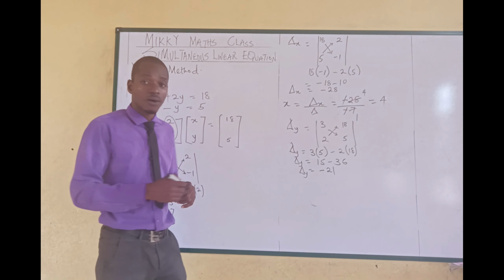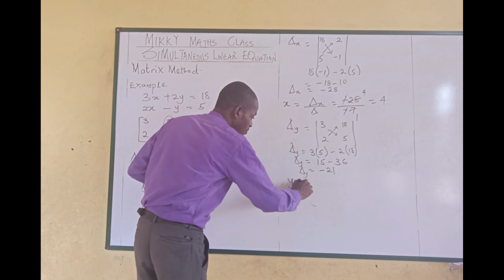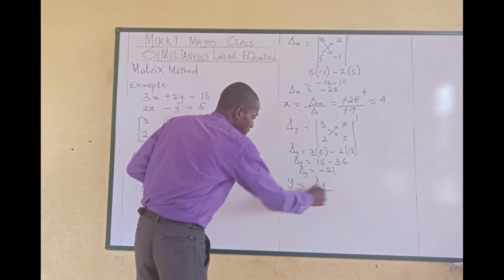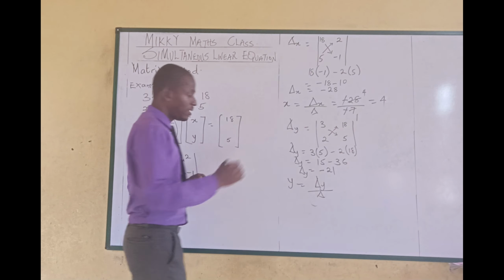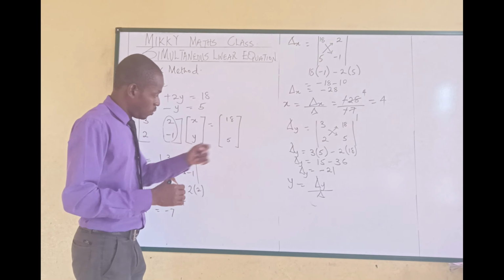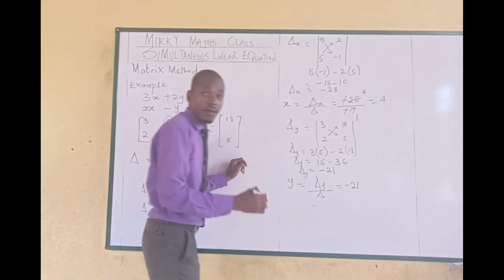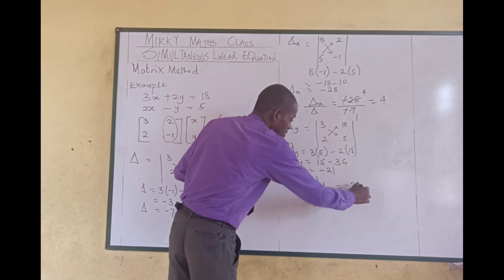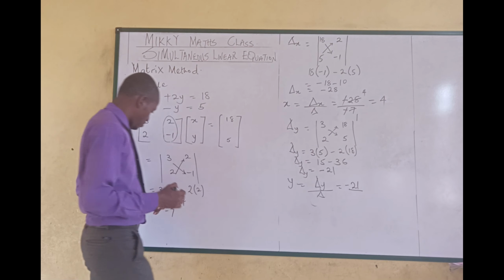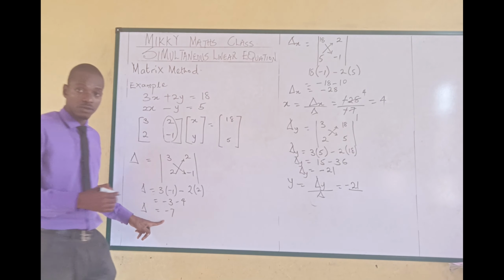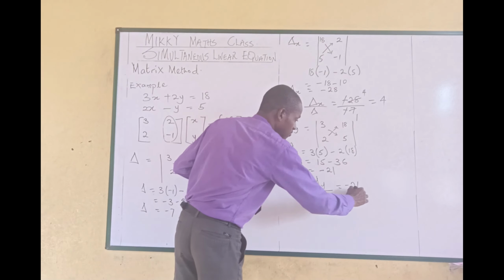So how do we get our y? Our y will be equal to the determinant of y over the main determinant, which is minus 21 over the main determinant, which was minus 7.